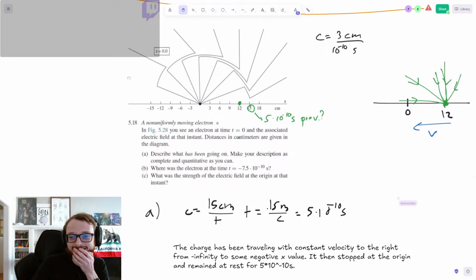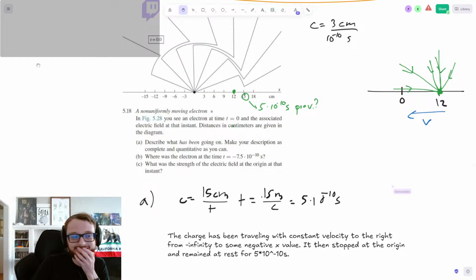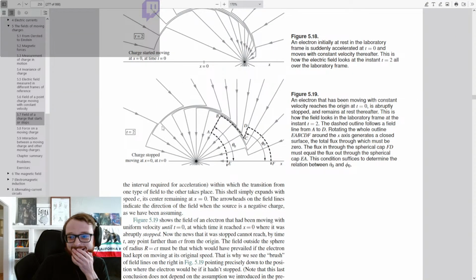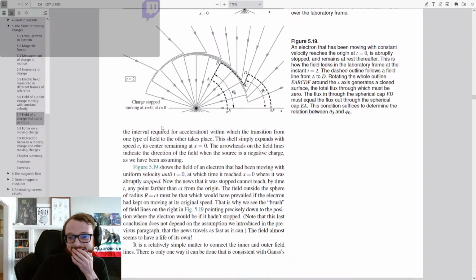If it had kept moving, then in our frame it would have gone 12 centimeters over that time.